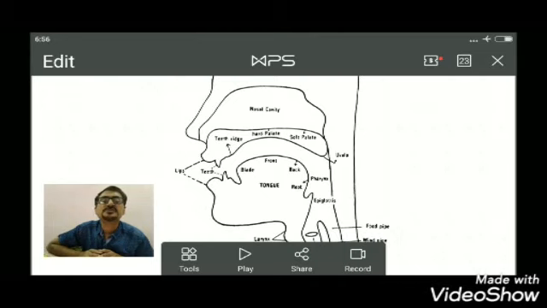Since we have to study the sounds in detail, for convenience we have divided the tongue into several parts. It starts with the tip, the foremost end of the tongue, and after the tip, you can see in the diagram, there is the blade of the tongue.